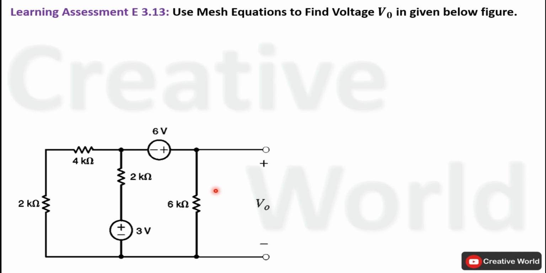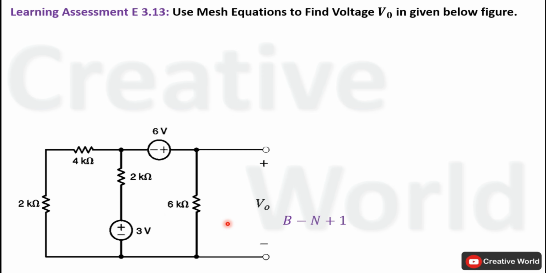In order to perform mesh analysis on a network, we have to follow some steps. First step includes finding out the maximum number of meshes that can be formed in a network, and that number of meshes can be obtained using this equation. In this equation, B is the number of branches, N is the number of nodes, so we can use this equation to find the maximum number of meshes that can be formed inside this network.